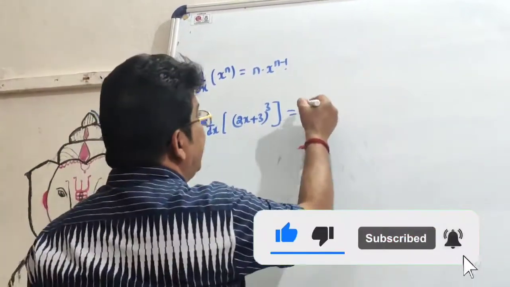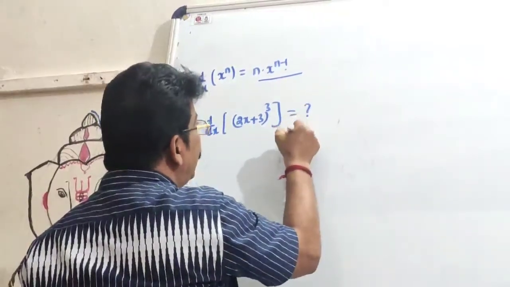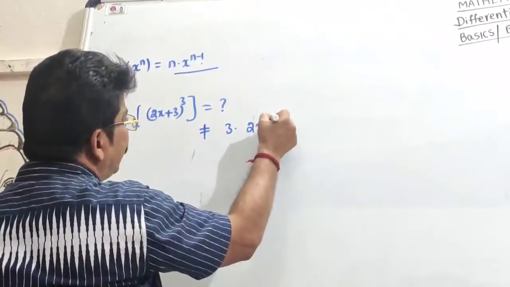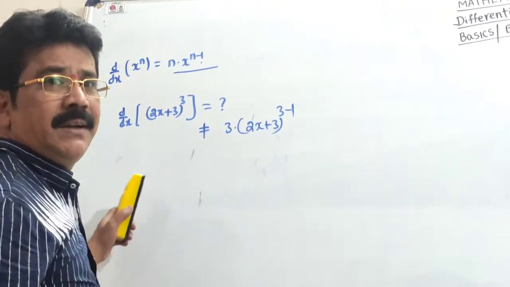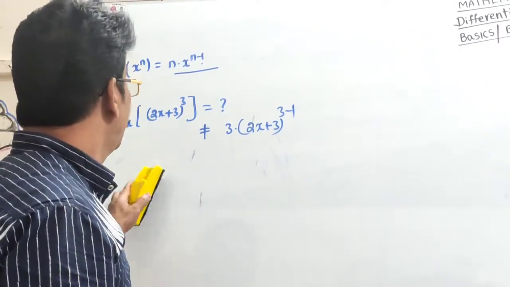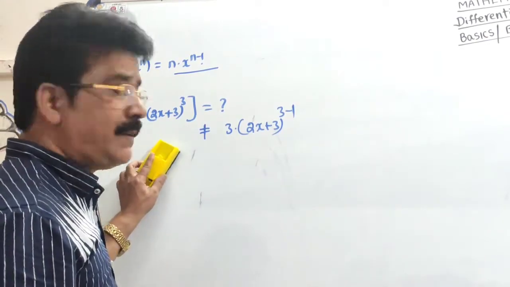But it is not equal to n, it is not simply x. It is 2x plus 3, so we cannot write 3 times (2x plus 3) to the power of 3 minus 1. For this we shall give one beautiful formula.